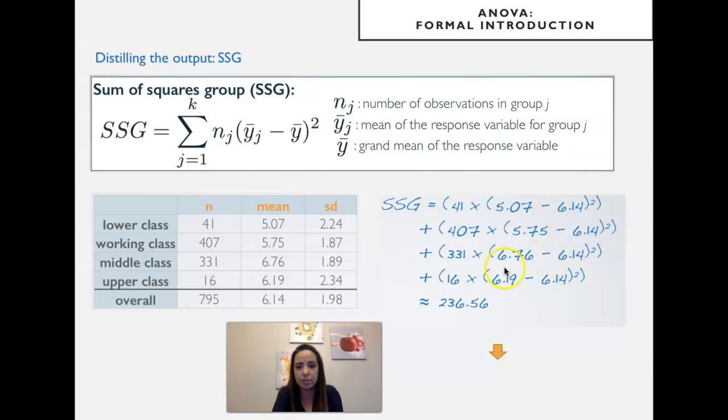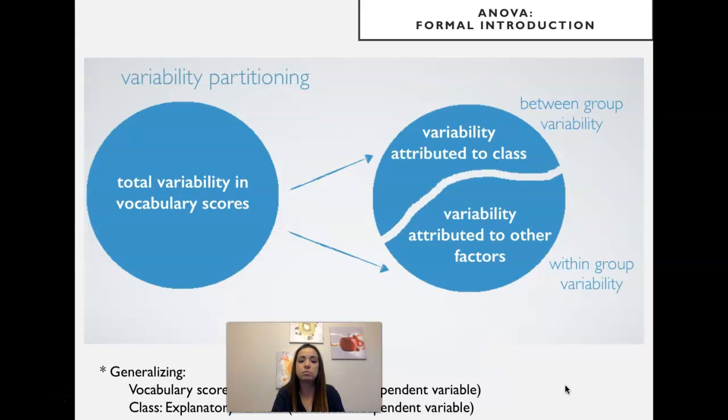You do the same for the other groups, sum them all, and that's the variance that we can explain using the means. So roughly 7.6% of SST, the sums of squares total. So we know how to compute now variability attributed to class or attributed to group more generally.